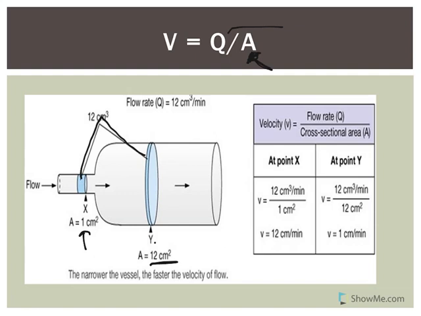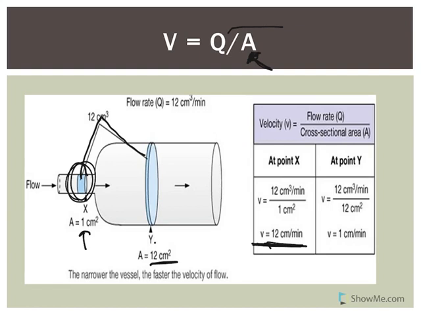It's 12 cubic centimeters per minute, or 12 mils per minute. How could that happen? How could you have the same flow rate despite differences in cross-sectional area? The reason is that even though this is smaller, it has a higher velocity. We're getting more through that per unit time.